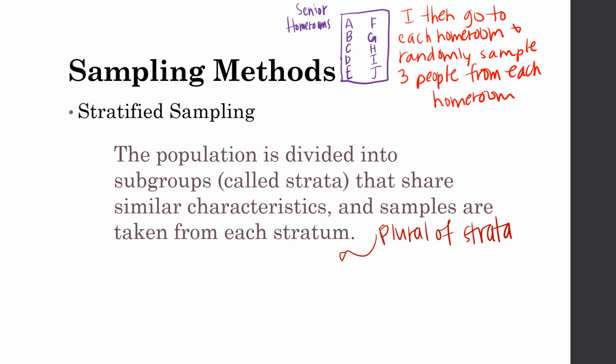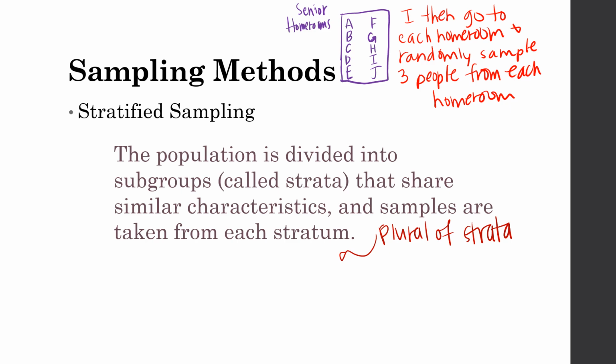How many total people are going to be in my sample if I do 3 people from each homeroom? There's 10 homerooms, right? 1, 2, 3, 4, 5, 6, 7, 8, 9, 10. 3 people from each. That means I'm going to have 30 people total in my sample.